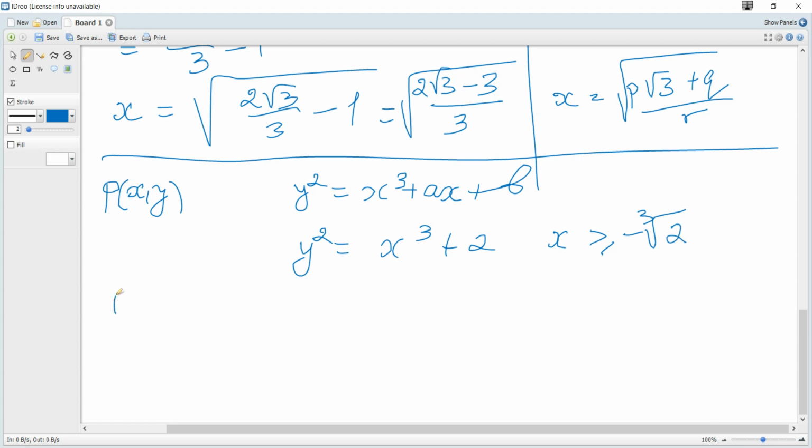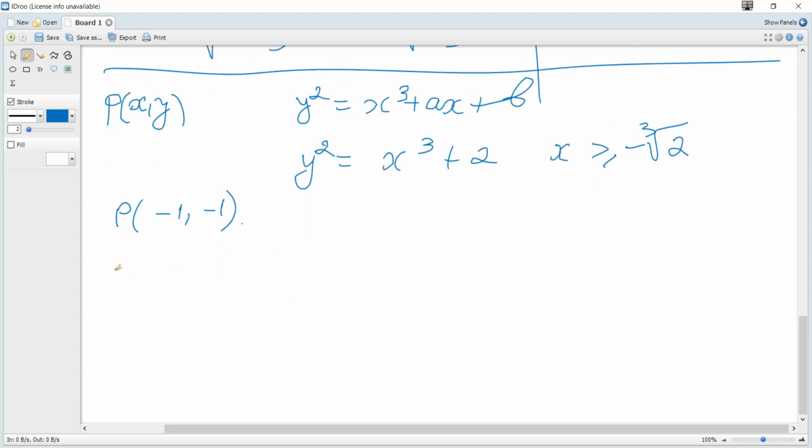The rational point P with coordinates negative 1, negative 1 lies on C. Find the equation of the tangent to C at P. Tangent to the curve at P. 2 marks.